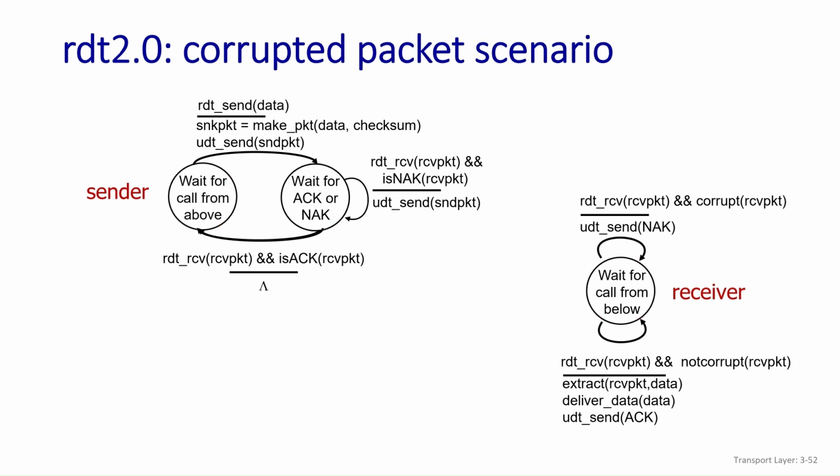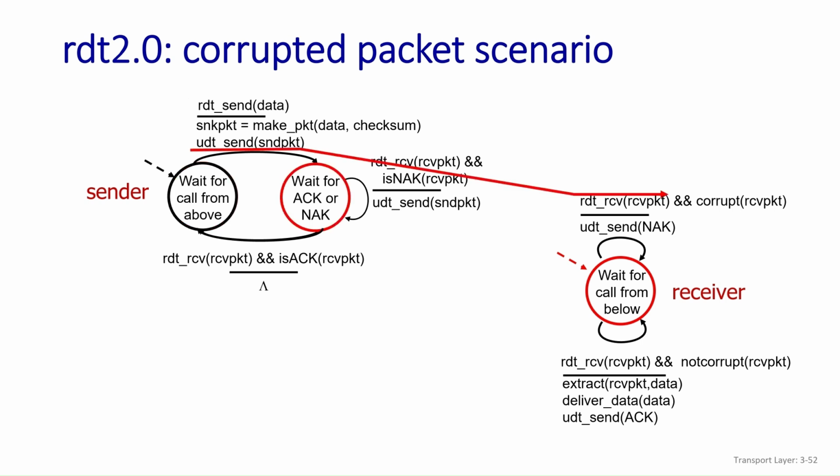Okay, so let's now assume the scenario is that an error has been introduced and the packet is corrupted. In this case, again, there is a call from above at the sender side. We will calculate the checksum and then forward the packet to unreliable data send.